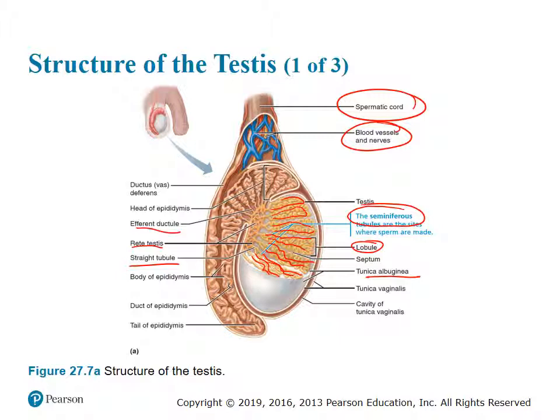The efferent ductules are continuous with the head of the epididymis, then becomes the body of the epididymis, and then the tail of the epididymis. And so we see the tail here actually start at the very bottom here. Excuse me, let me erase that there. Start at the very bottom and then swing itself all the way up here, and then becomes continuous with the ductus deferens, right?